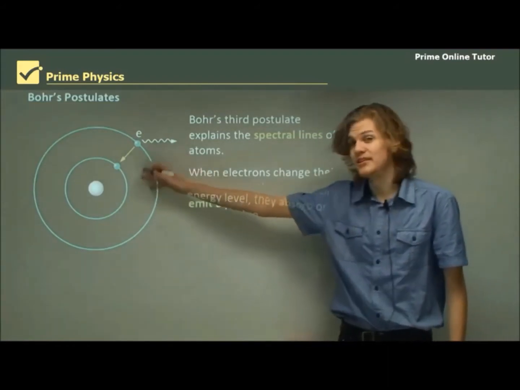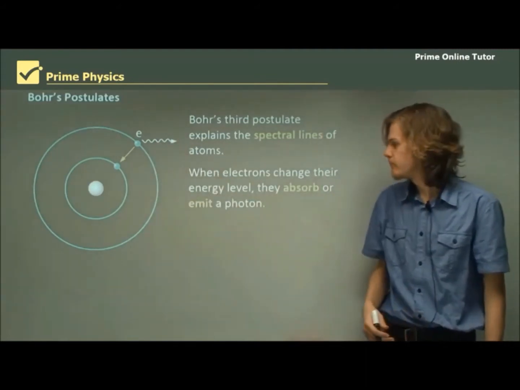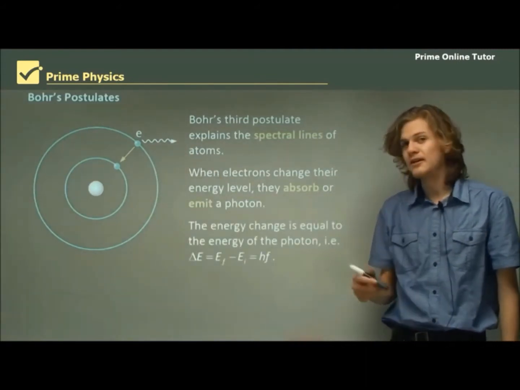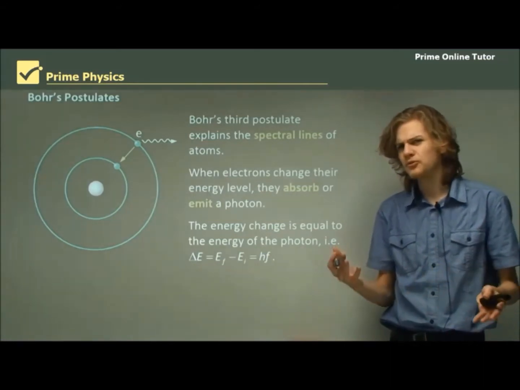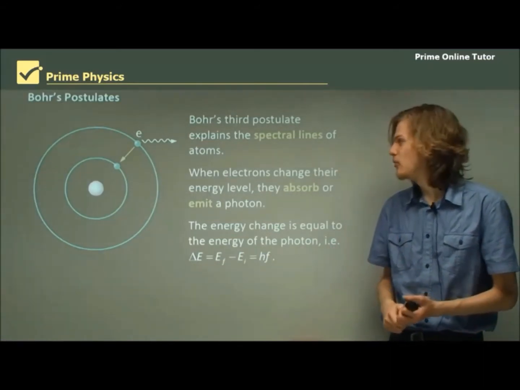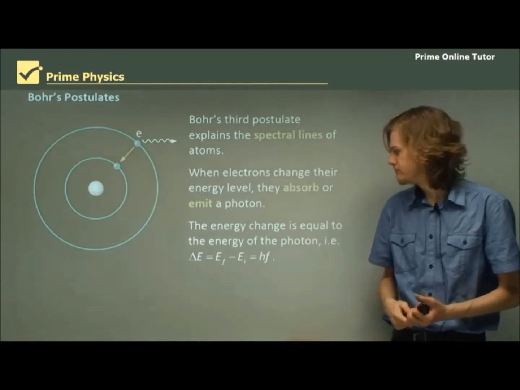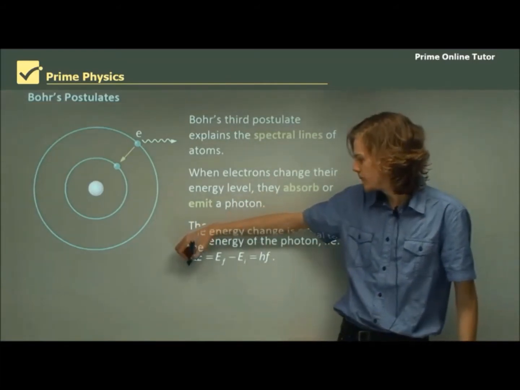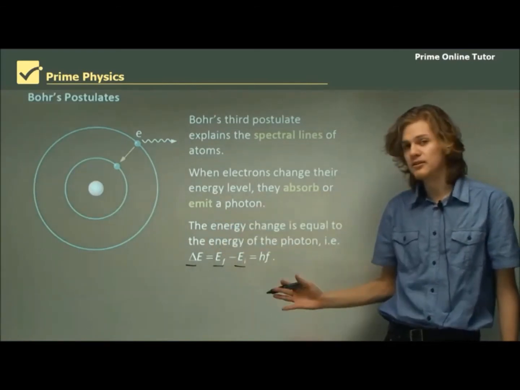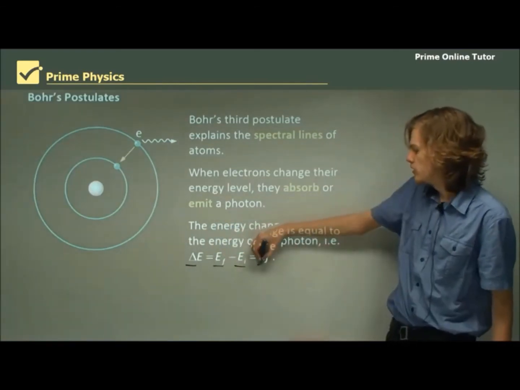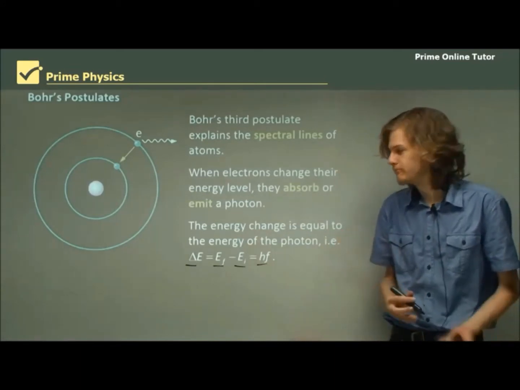They make this jump, as you can see. So the energy change is equal to the energy of the photon. It makes sense, right? But you need to write these things down if you're making a whole new theory. So we can see that the change in energy, which is the final energy state minus the initial energy state, will be equal to the energy of the photon, hf.